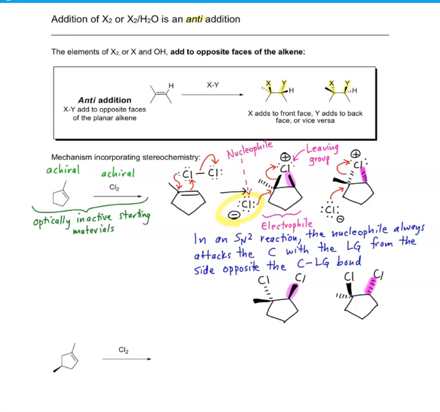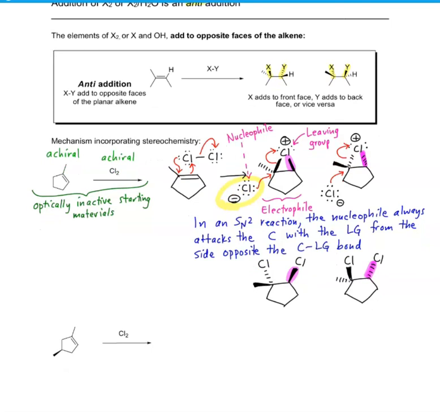Okay, so what did we end up with as products? So when we analyze this, what we find is that these are enantiomers. Because we're starting with an achiral alkene and we have achiral reagents that we're treating it with, there's no preference for one face or the other to be attacked preferentially.